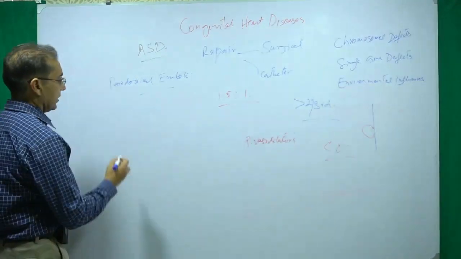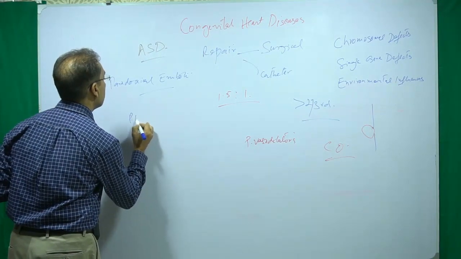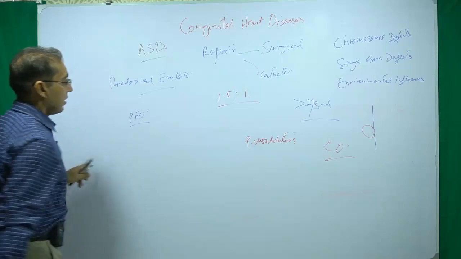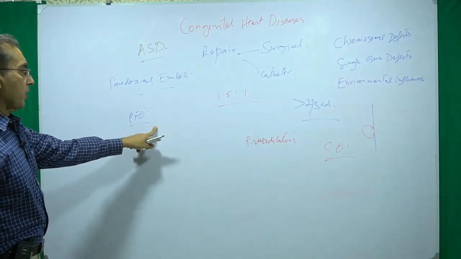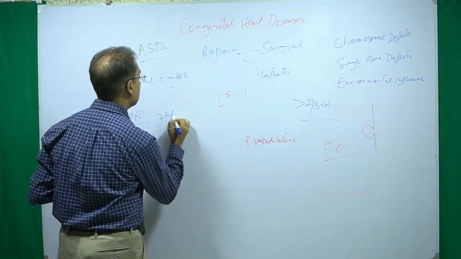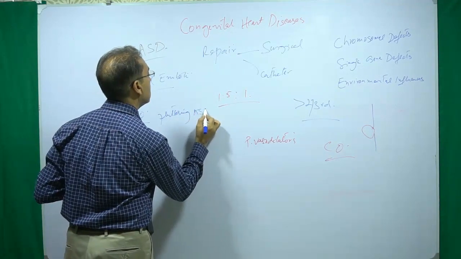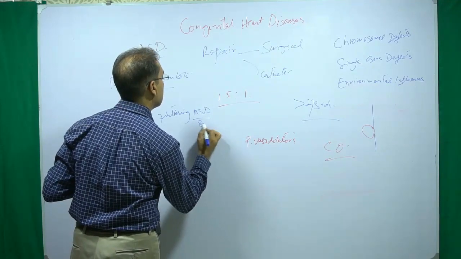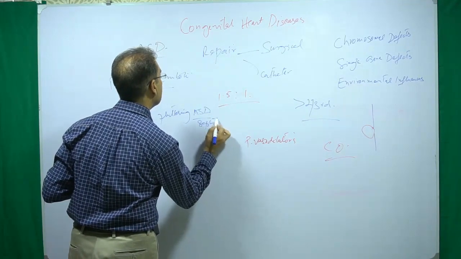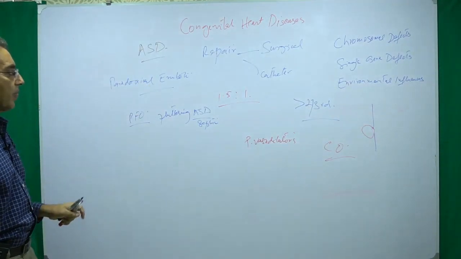Paradoxical emboli is especially seen in persistent foramen ovale. If this persistent foramen ovale has a fluttering ASD with it, a fluttering septum with it, there are more chances of having paradoxical emboli.